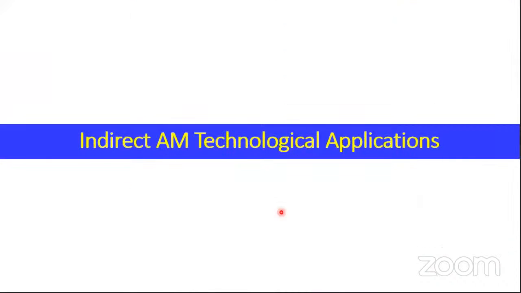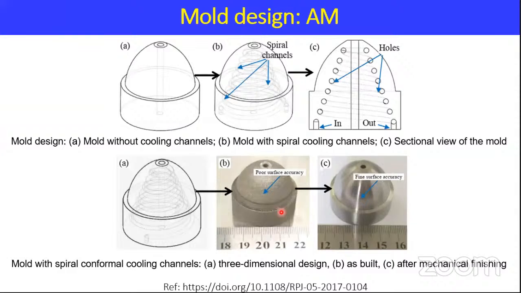Another application is in the case of mold design. Be it a metal forming application or a die casting kind of process, the molds which we use undergo a tremendous amount of thermal cycling.